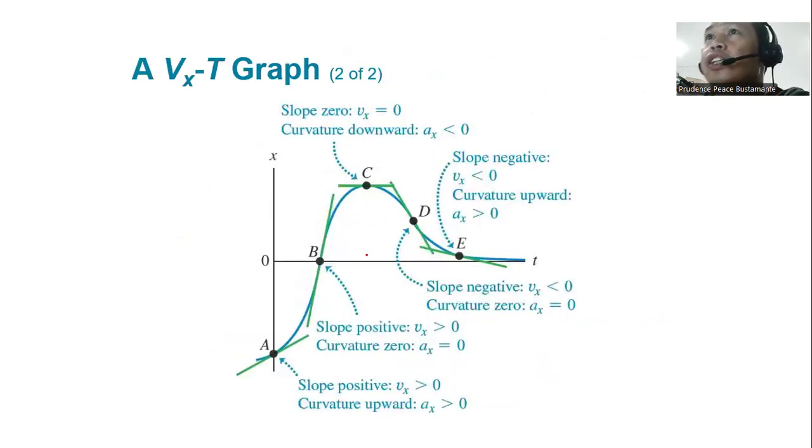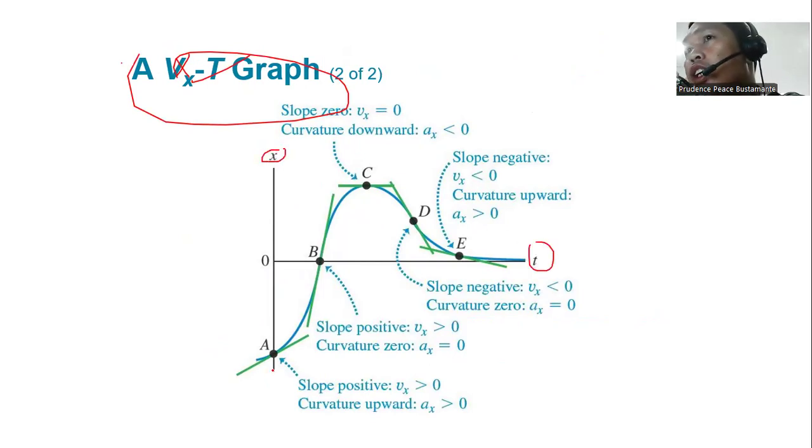However, if you are given an x-t graph, not a v-t graph, you will know if your acceleration is negative or positive according to the curvature.